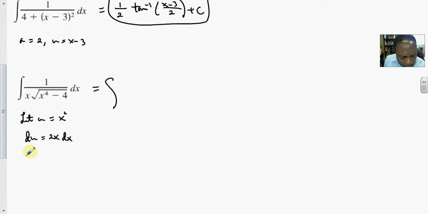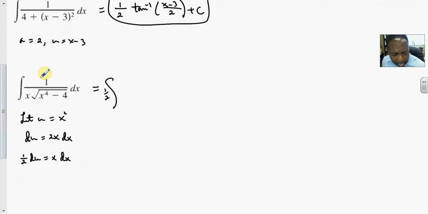Now the 1/2 du is the x dx. So notice here that the 1/2 and the du would give us an x dx.